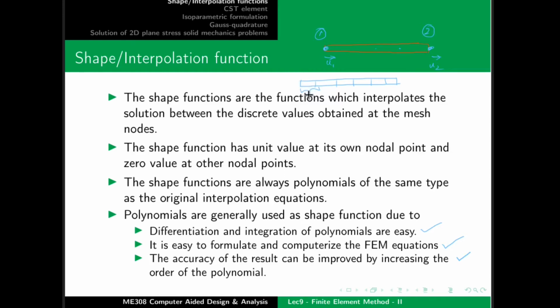So instead of using a linear element, you can use a quadratic element or a cubic element. If we increase the number of elements, we are increasing the degrees of freedom. We are adding additional nodes. So if we have a linear element, we will have only two nodes. If you have a quadratic element, you will have three nodes in the one-dimensional case.